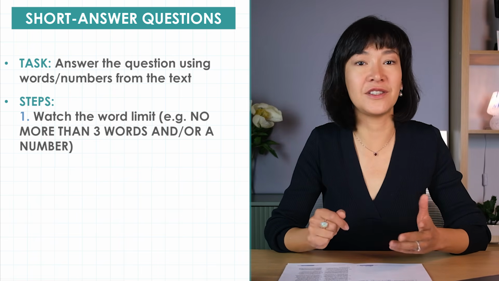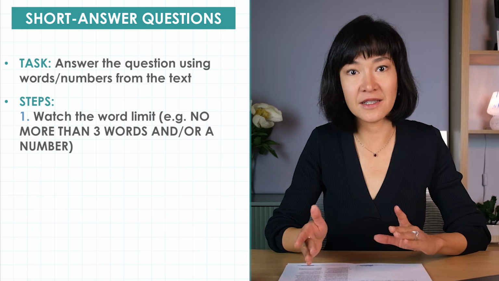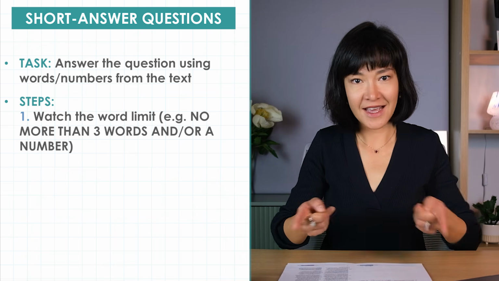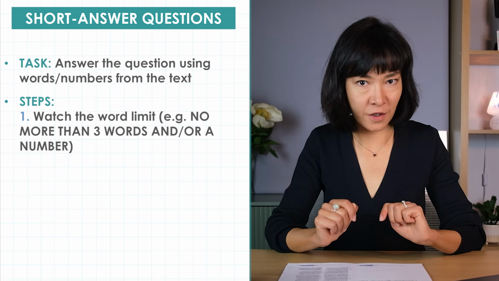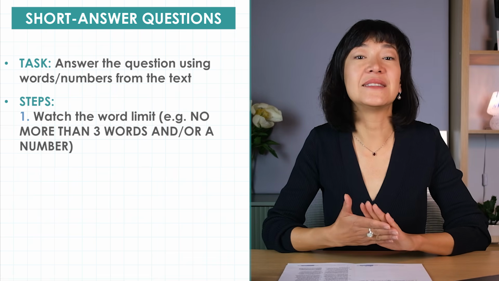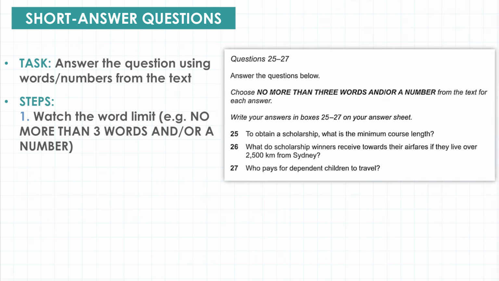So the rule isn't just about giving the right answer, it's about giving the right answer in the right number of words. So let's say the instructions say no more than 3 words and or a number.